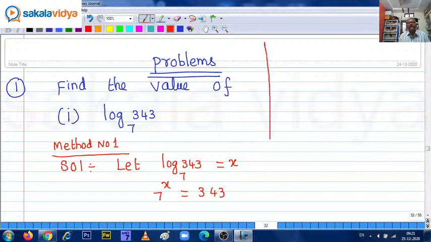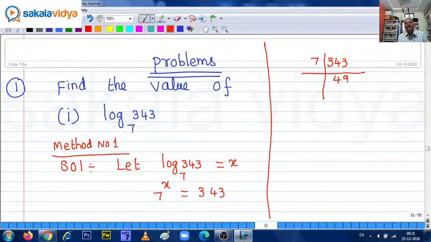Now we can write 343 by factorization. See, 7 4s are 28, 7 5s are 35, 28 plus 35 is 63, 7 9s are 63, once again 7 7s are 49. That means 343 equals 7 cube. So this is rough work.